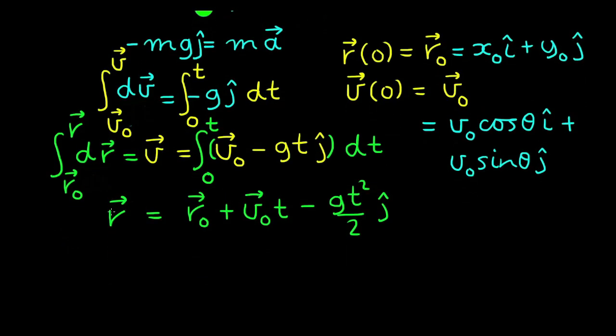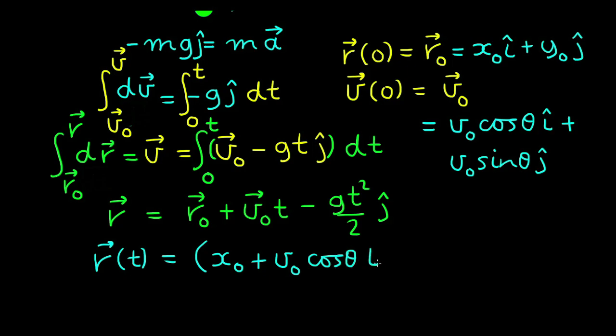And now we can write the position vector, which is a function of time, in component form. So we have the initial position in the x direction plus the initial velocity in the x direction multiplied by time t in the horizontal direction, plus the y component.